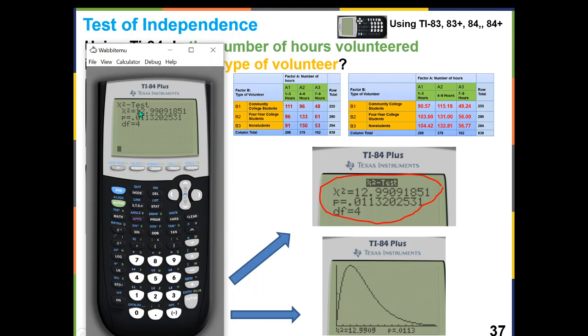You see, not only did it find the expected values for you, it also found the differences, squared them, divided them, and then added them, and then figured out the p-value for you already. Figured out the test stat and the p-value, see? So that's the test stat, and it's right here, and the p-value. And degrees of freedom is 4. So the p-value turns out to be 0.011, so at 5% we of course reject, right?